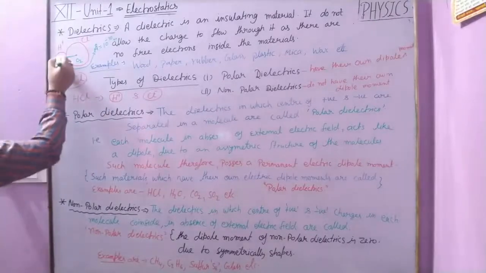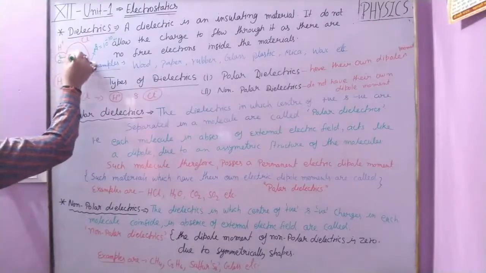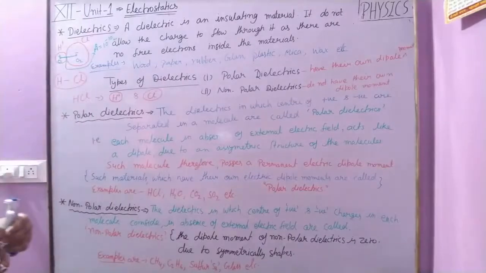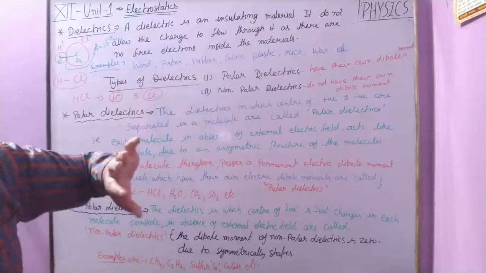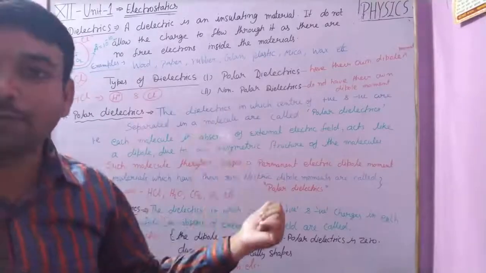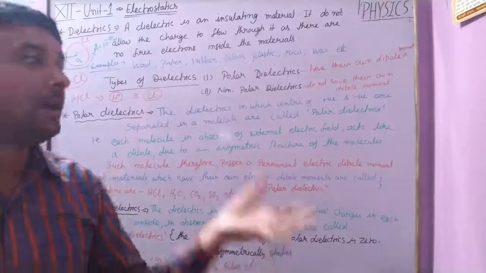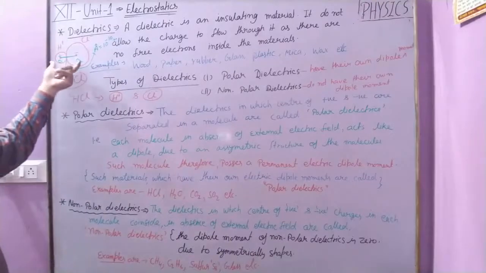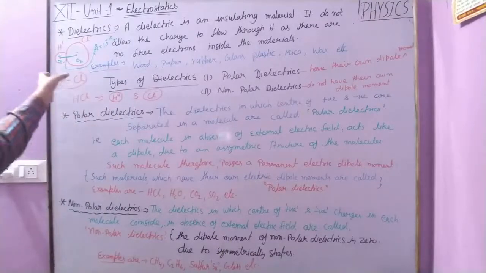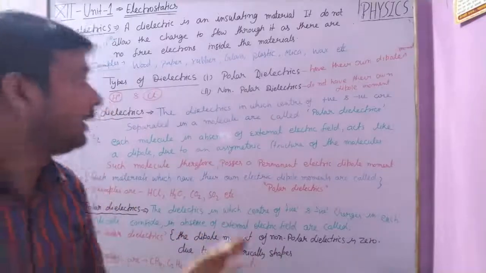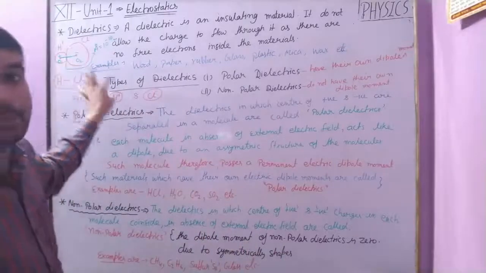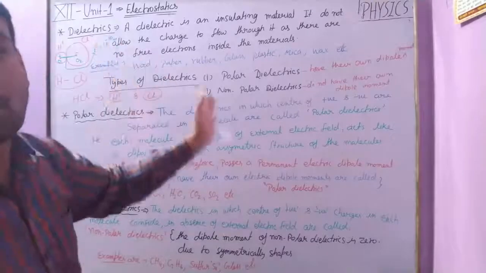Because it is positive and it is negative, the charges are separated by a small distance, and as per the definition it behaves like an electric dipole. If it behaves like an electric dipole, it also possesses its own electric dipole moment, whether the electric field is applied or not.